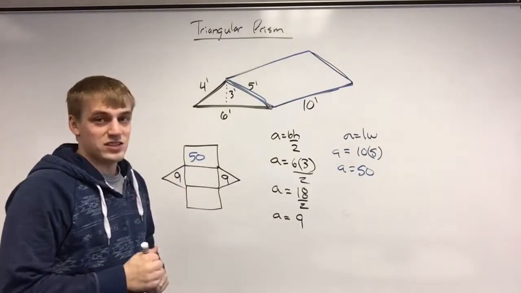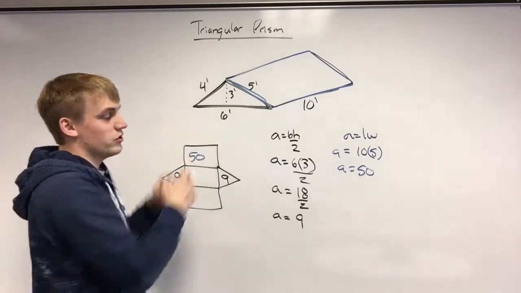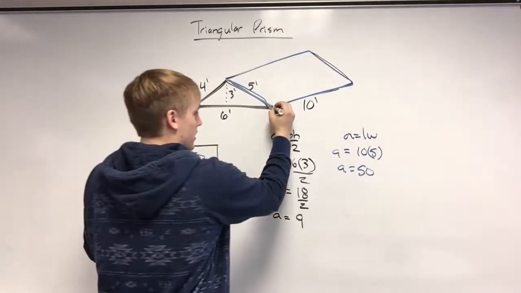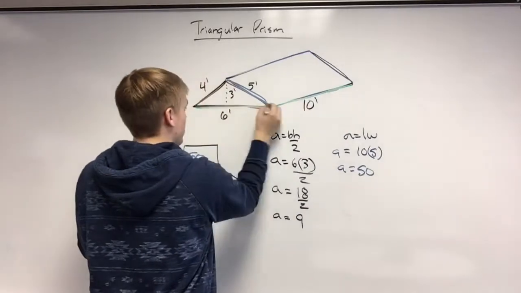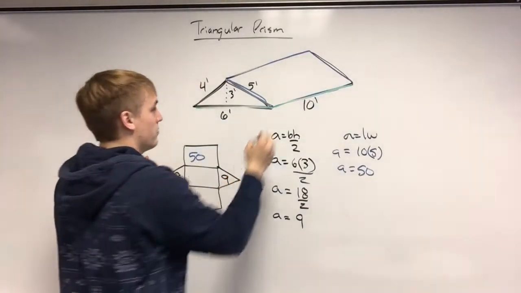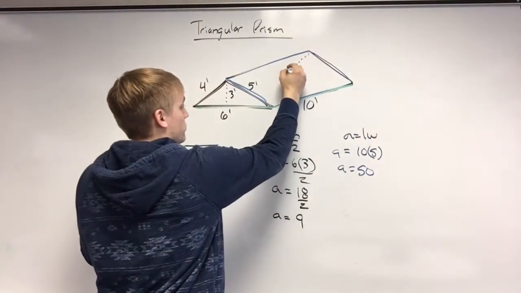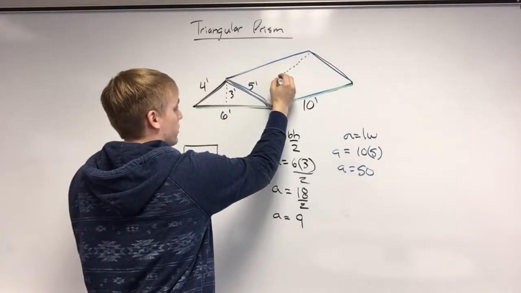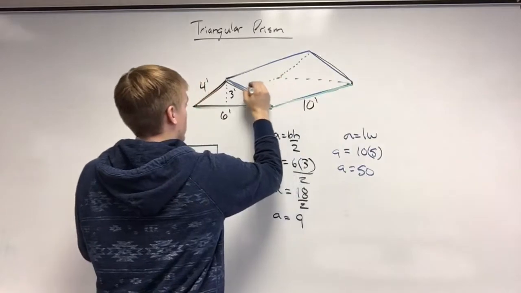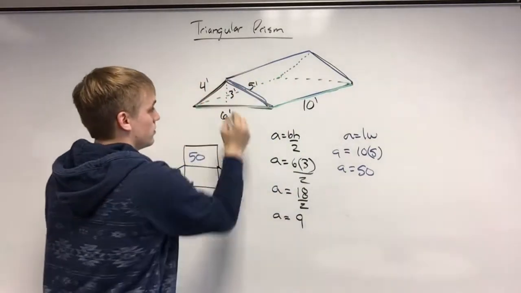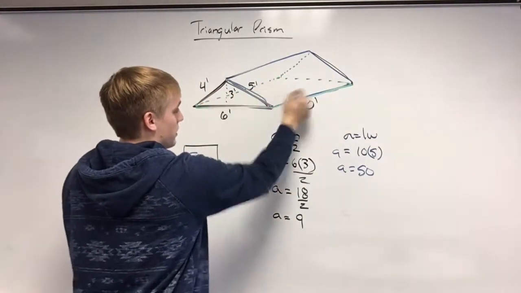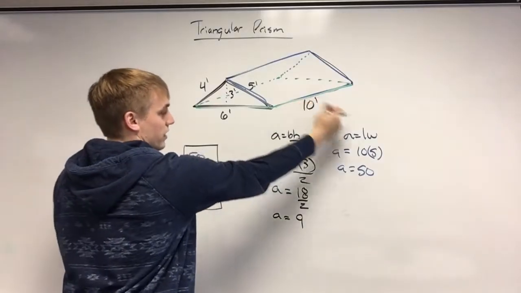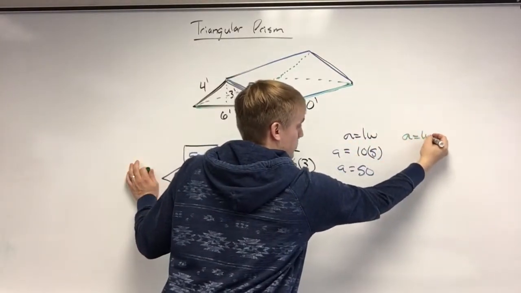The next one, I'm going to do the bottom. So the bottom lines go here and here. If I was to draw in those lines to show, that would be this bottom piece right here. The length again, area equals length times width.